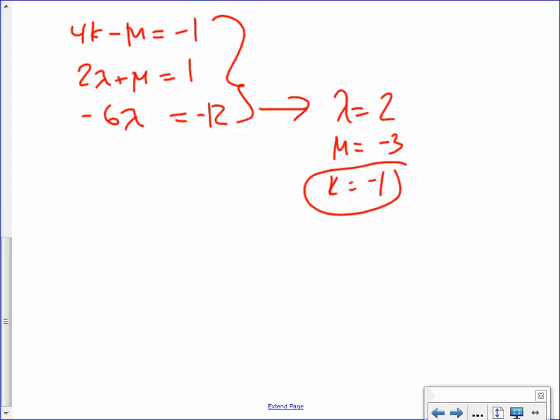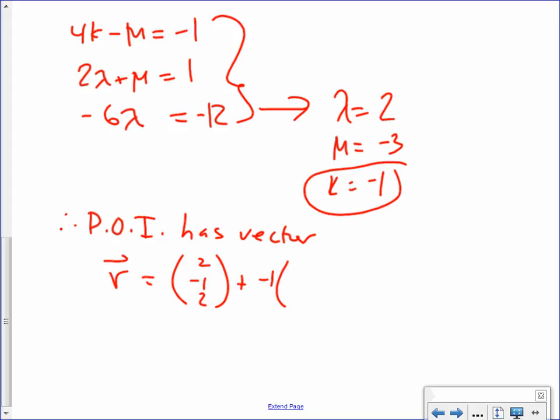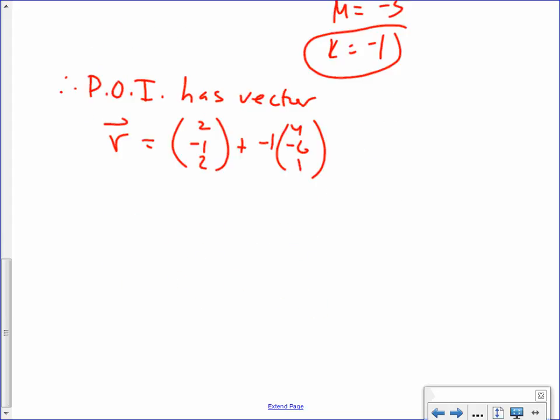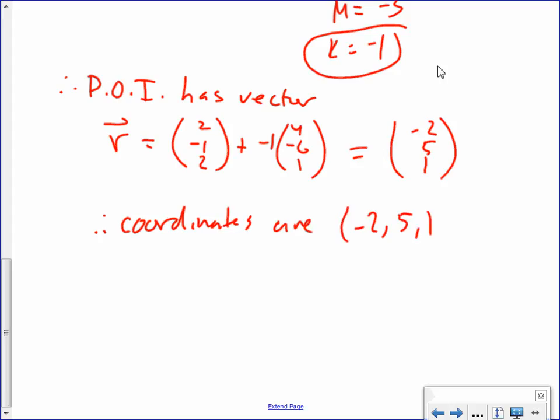So the point of intersection has vector 2, negative 1, 2, plus negative 1 times 4, negative 6, 1, which gives you negative 2, 5, 1. And the coordinates are negative 2, 5, and then 1.